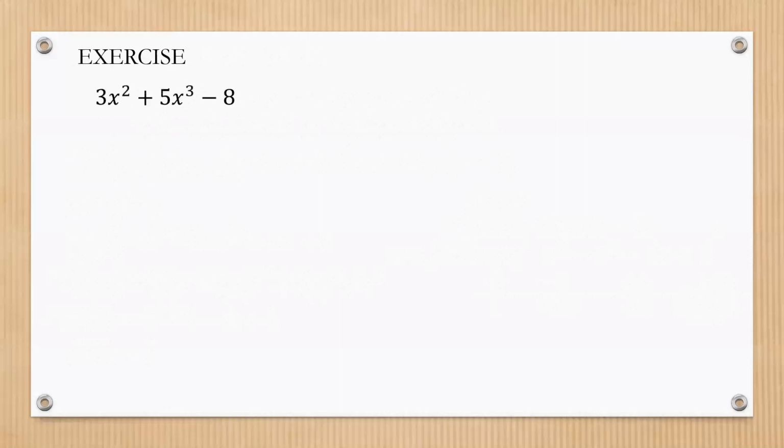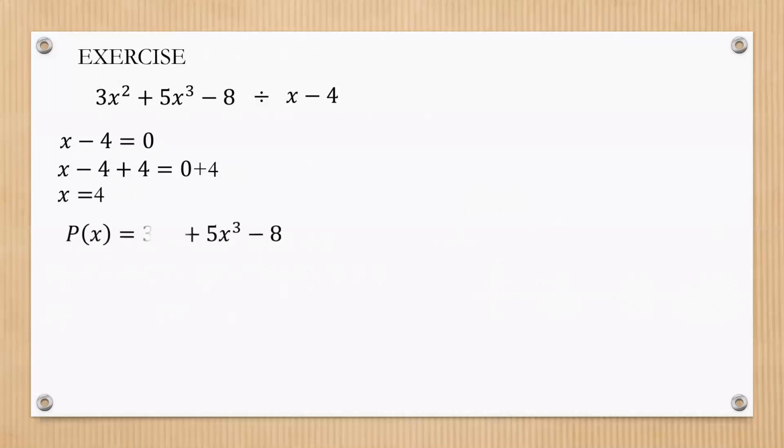Okay, so let's work. So you have 3x cubed plus 5x squared minus 8 divided by x minus 4. Notice you don't need to rearrange that if you're not using synthetic division. But if synthetic, you have to rearrange that one. So this is x minus 4. Let's test the divisor by 0. So this is x minus 4 again, x is equal to 4.